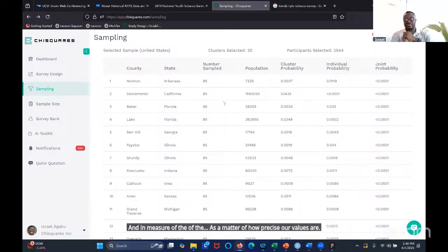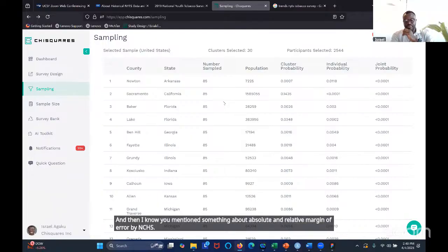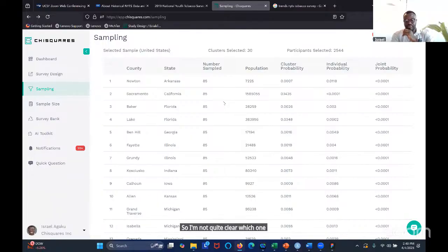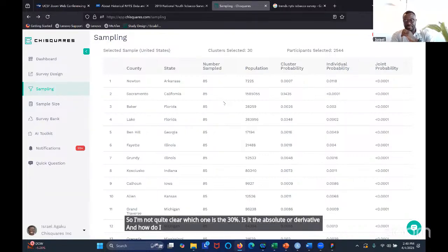So what is the relationship between the margin of error and the precision? And I know you mentioned something about absolute and relative margin of error by NCHS. I'm not quite clear which one is the 30%. Is it the absolute or the relative? And how do we arrive at that percentage?